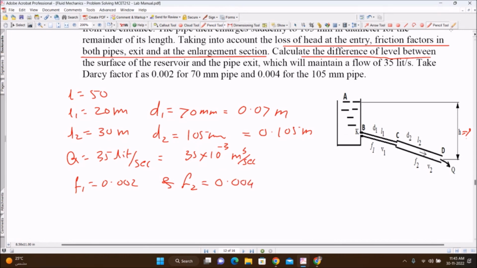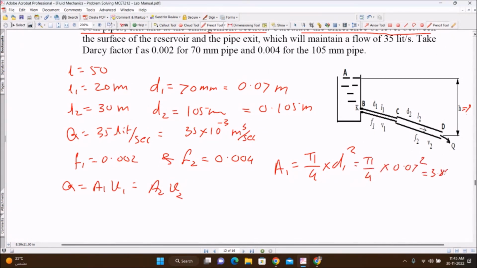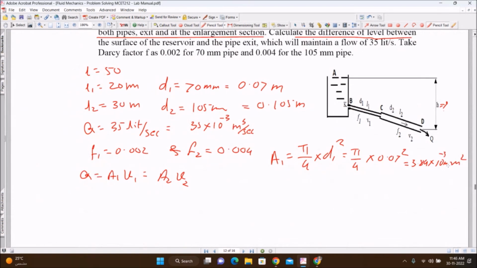Now we'll first find the velocity in pipe 1 and 2. As you know the discharge, by the continuity equation, Q is equal to A1 V1 is equal to A2 V2. So to find the velocity, I need the area. So before that, I will find the area A1. A1 is equal to pi by 4 into D1 square, which is 0.84 into 10 to the power minus 3 meter square.